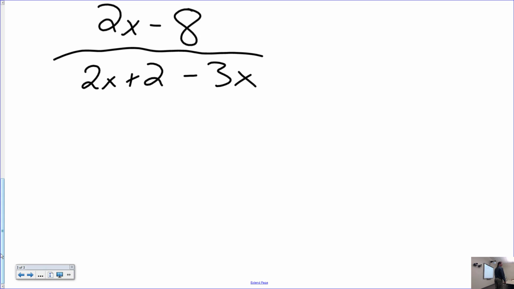Sounds like my bank account. So 2x minus 3x, it is okay to write negative x plus 2. If you wanted to write that as 2 minus x, that's actually okay. I will tend to write the variables first and the constant second, but that's the way I was brought up. You don't have to do that if you don't want to.